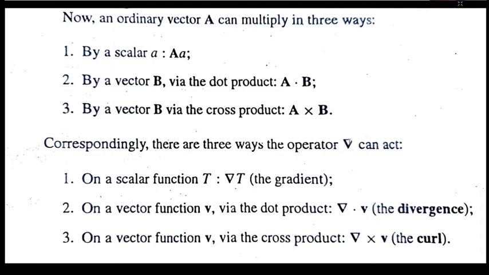It is the partial derivative of all three coordinates with the unit vectors. So del will be written as the partial derivative of x, y and z components and their unit vectors.